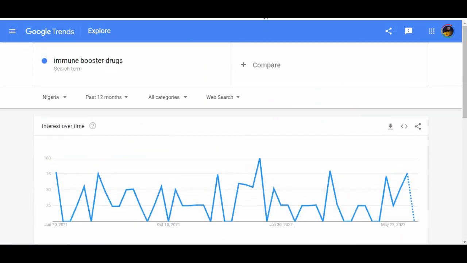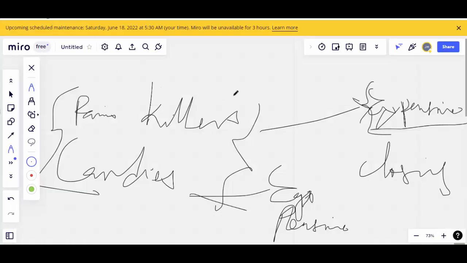But it gives you an idea of the kind of things you should be looking out for. So these are some of the things you should be doing to get a clear understanding of the kind of market you should focus on, and start selling your products in.